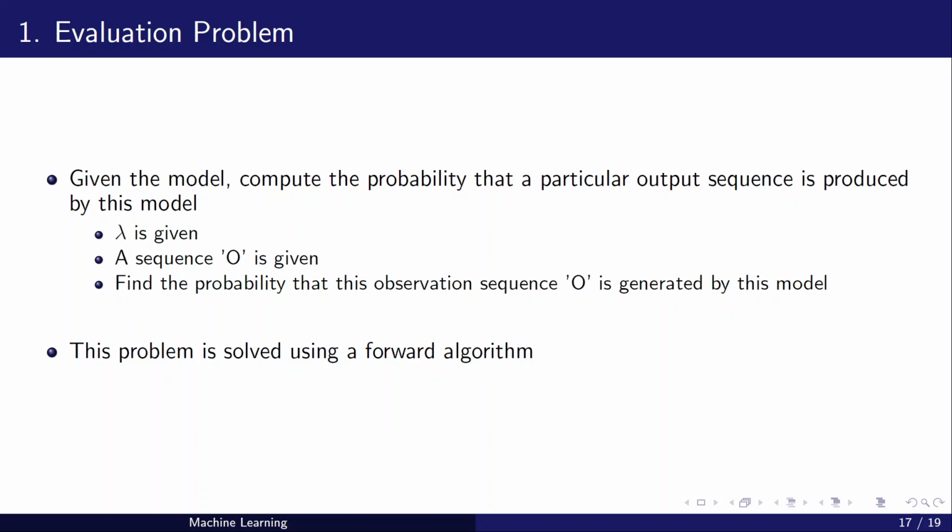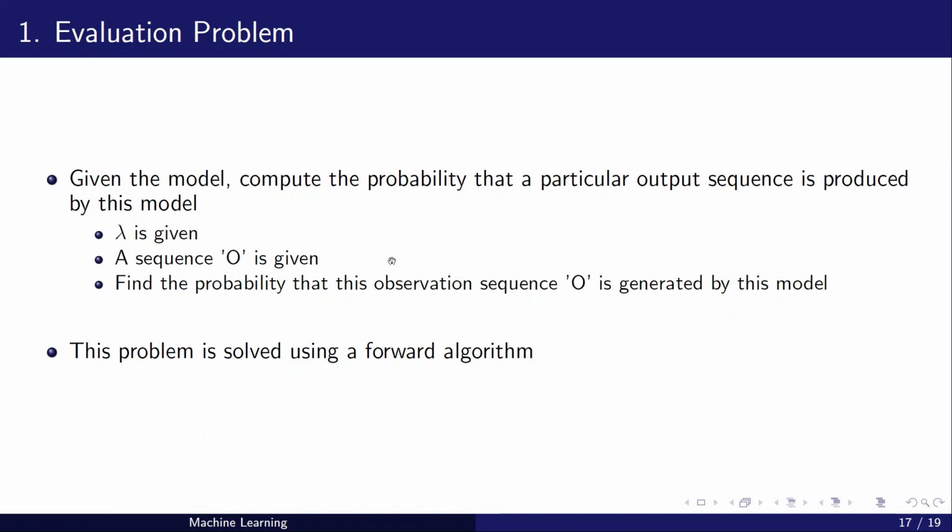That is called the evaluation problem. Here lambda is given, and lambda means aij, bjk and the pi value. Lambda is called the model. So lambda is given, and a sequence O, the observation sequence, that is O1, O2 up to some time T. Find the probability that this observation sequence is generated by this model.